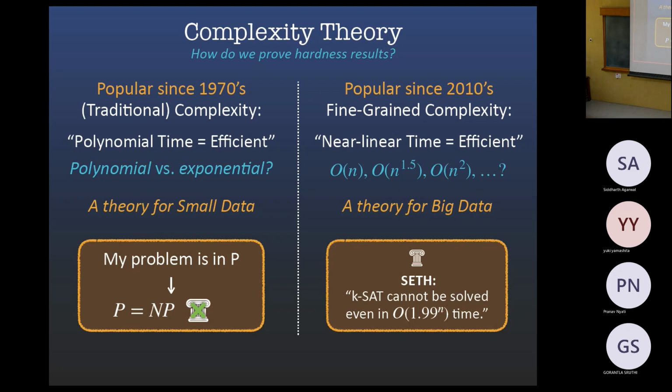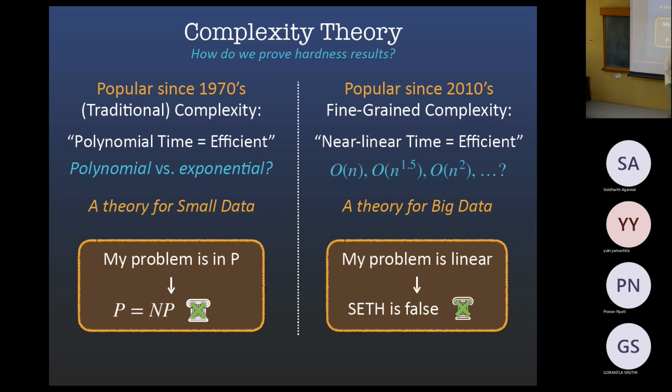So you cannot do 1.99 to the n. It's like P different from NP, but stronger. And then we do reductions. We take a problem and we want to show you cannot solve it fast. We show a reduction that says that if you could solve this problem fast, let's say in linear time, then you would somehow solve SAT faster and this conjecture breaks.